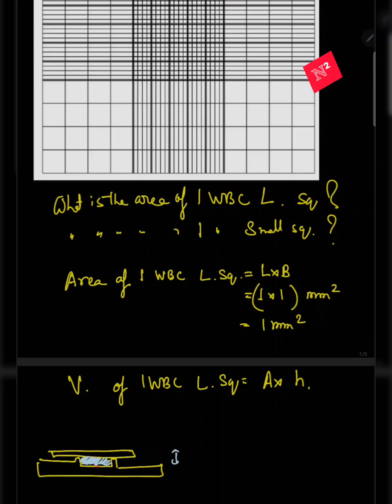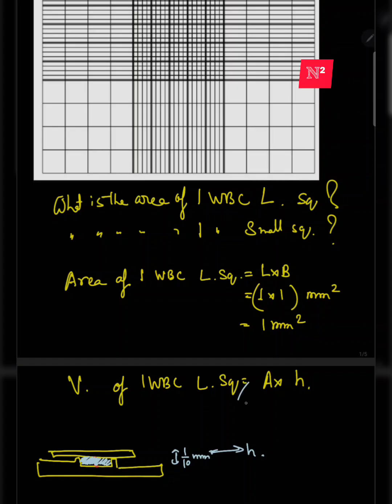That height is 1 by 10 millimeter. That is nothing but the height of our WBC square also, or the RBC square also. The whole grid has a height of 1 by 10.